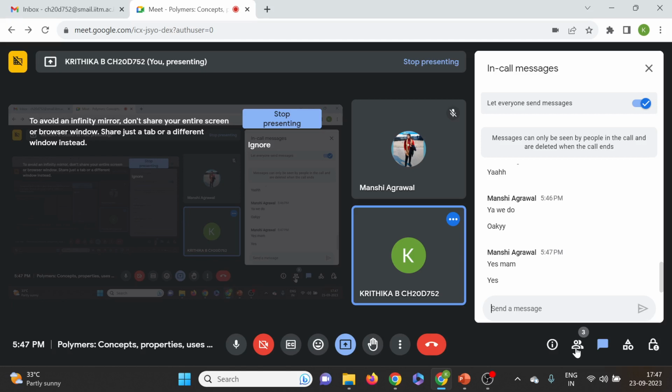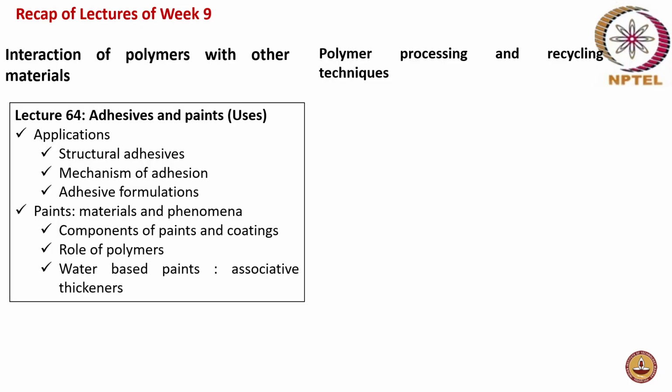It should be smooth to apply, and once it is applied, it should adhere to the surface and not drip. So rheology plays a very important role in the case of paints. This aspect was discussed, and then there was a discussion on water-based paints, which use associative thickeners.